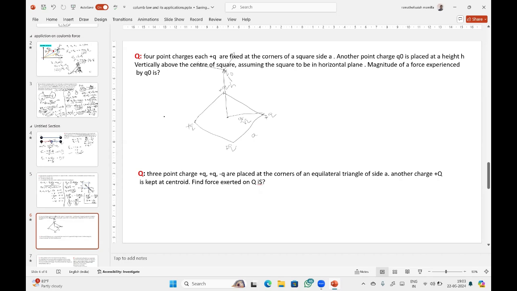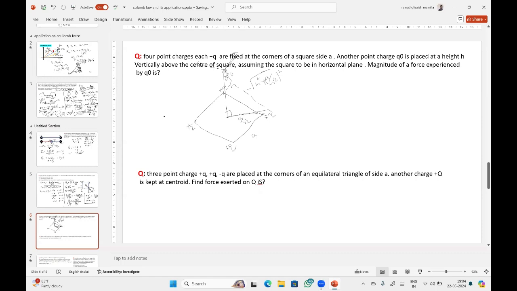So this distance you will get as root over h square plus a by root 2 whole square. Now if you see this diagram clearly, this is the direction of force, and here there is an angle theta, and this is 90 clearly, the diagonal and the perpendicular. Here theta I don't know, that's why I will take theta.